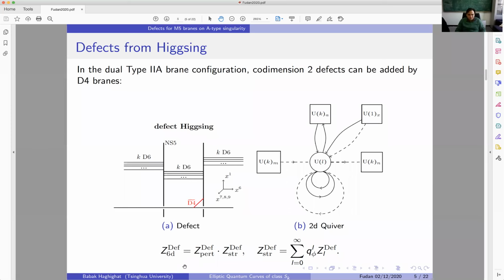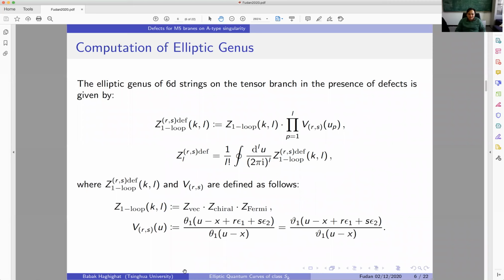partition function. And if you do this, then you notice that, in fact, since the quiver almost looks the same, for computing the elliptic genus, you always compute the one loop contribution, and then you have to integrate it over the Wilson lines of the 2D gauge theory.